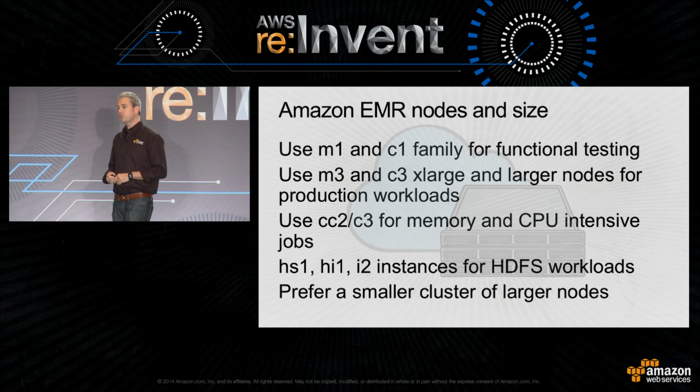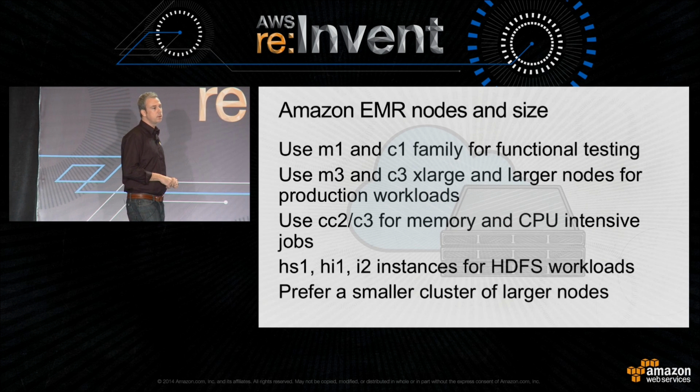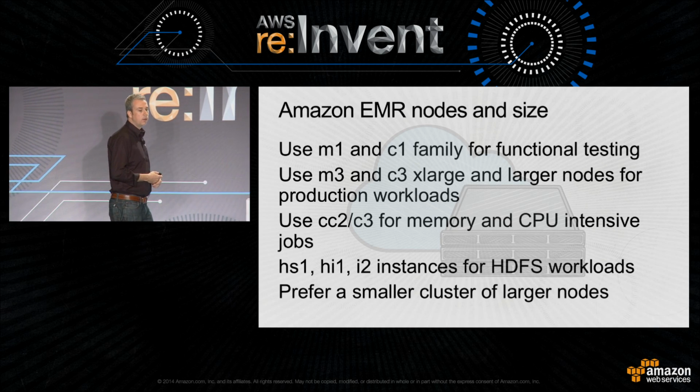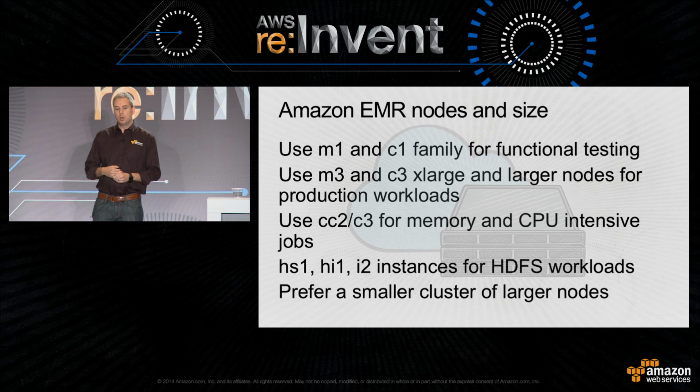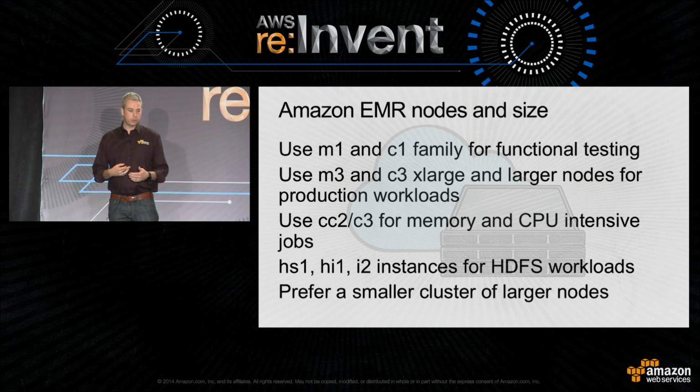So our suggestion to you is use M1 and C1 for functional testing because they're cheap, and you're not going to run them that long, but certainly use M3 and C3 for production.